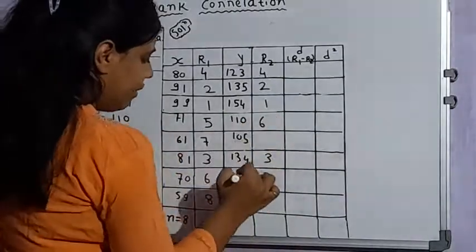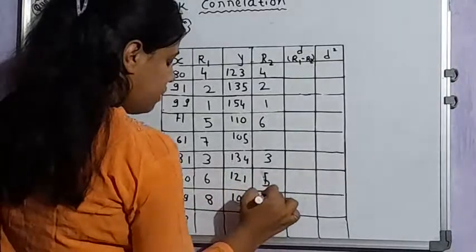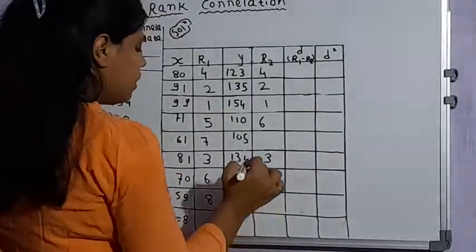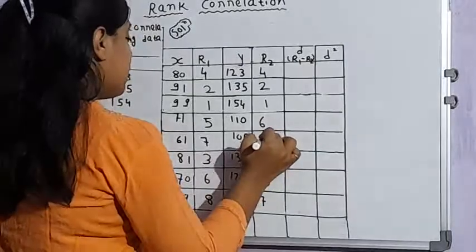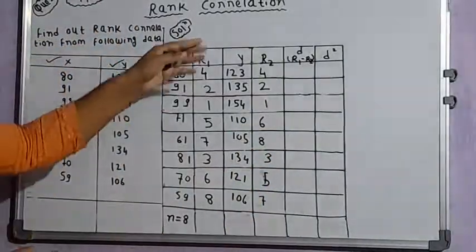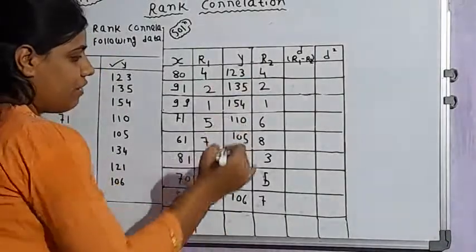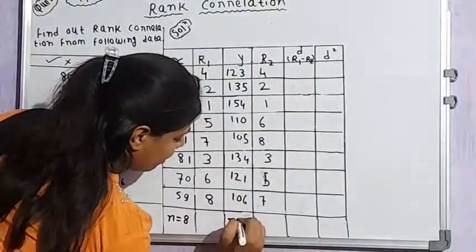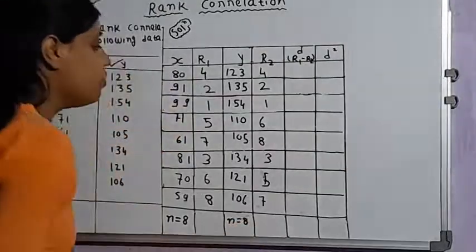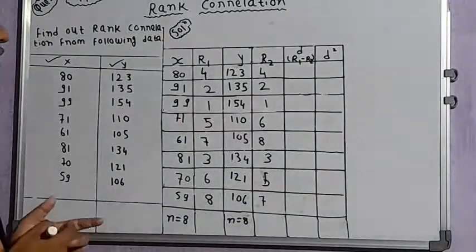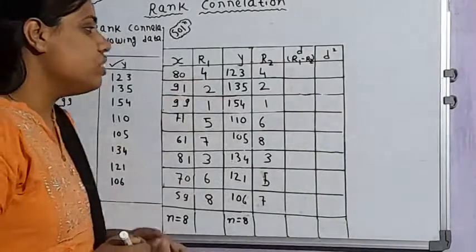After 110 we have 106, so it would be 7. And after 106 we have 105, so it's going to be 8. So this way we have given ranks to the different observations under Y series. Here we have given 8 ranks, which means we have 8 items.